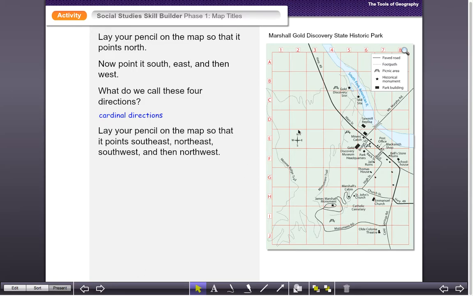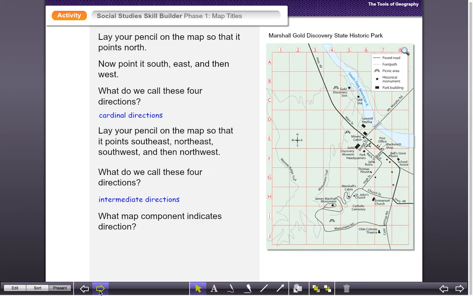Those would be the directions in between our cardinal directions. What do we call these four directions? Well, they are termed intermediate directions. Those directions are found in between the cardinal directions.